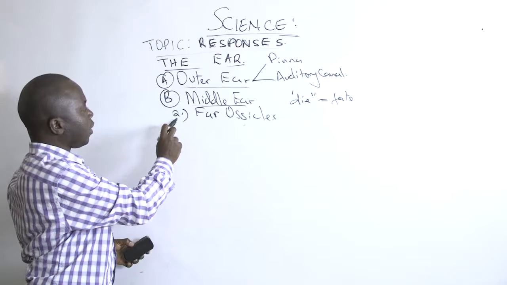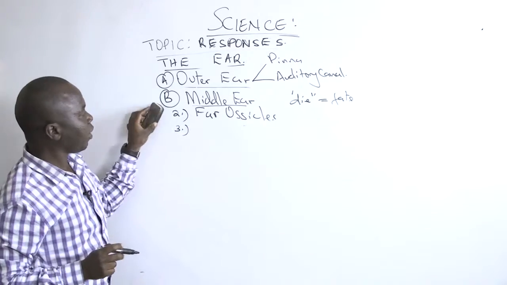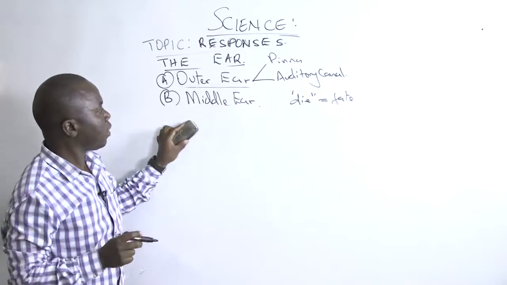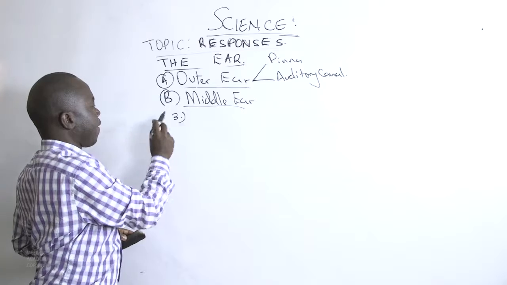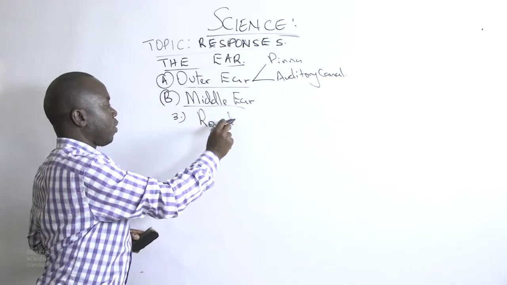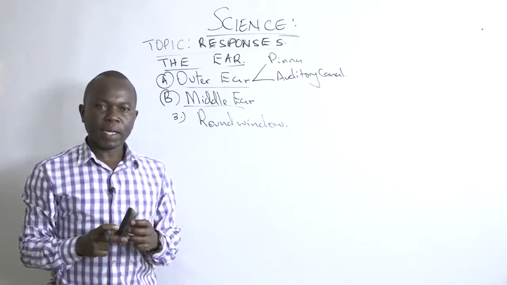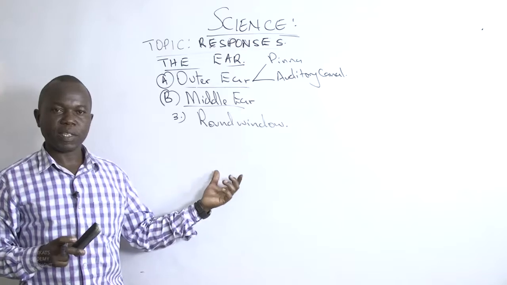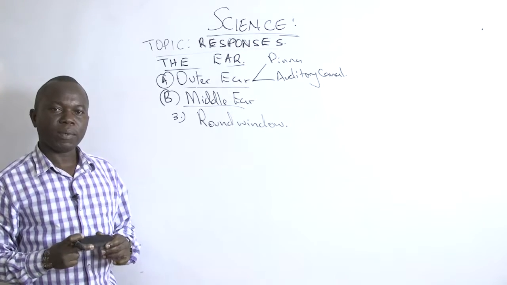Part number 3 of the middle ear: we have the round window. On your diagram that we drew at the beginning of this lesson, you can identify the round window.